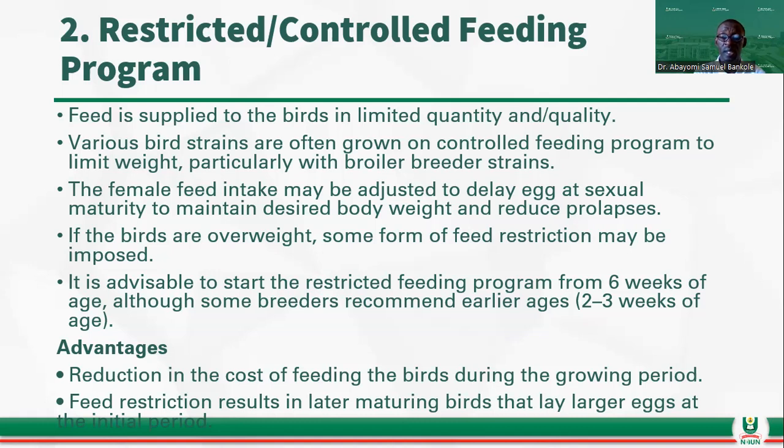Now, the female feed intake may be adjusted to delay sexual maturity, to maintain desired body weight and reduce prolapses. If the birds are overweight, some form of feed restriction can be imposed.